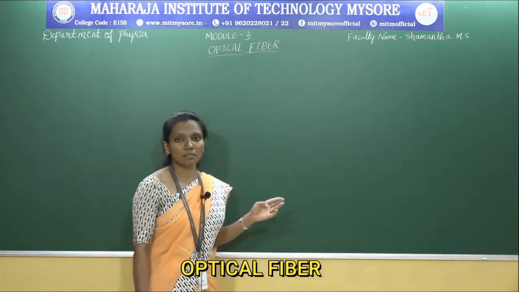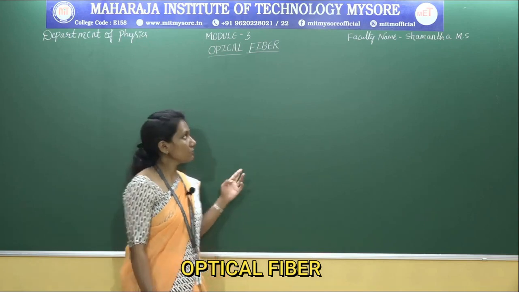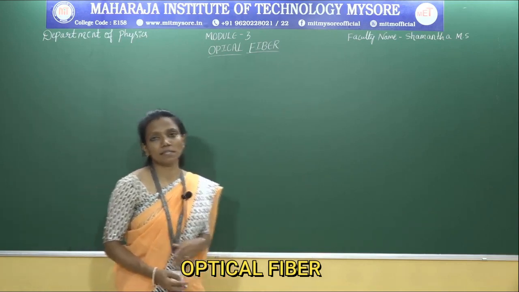First, how is optical fiber made? Optical fiber is transparent and flexible, and it is made up of glass, silica, or plastic.